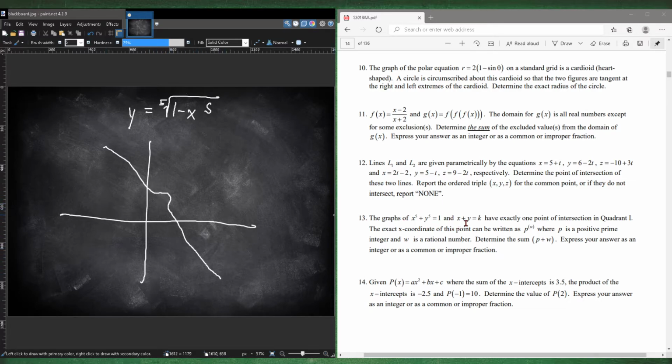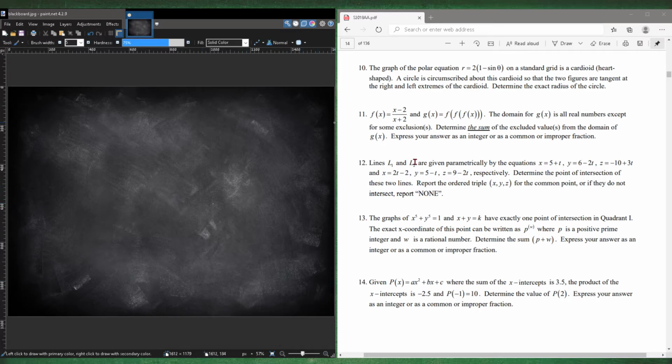So if we have x plus y equals k, for it to intersect at one place, it's going to intersect right here. And if you look at the graph, something looks really suspicious about it. If you draw this line going through the origin, the equation y equals x, it's symmetrical.